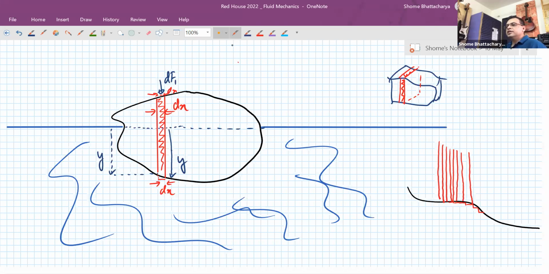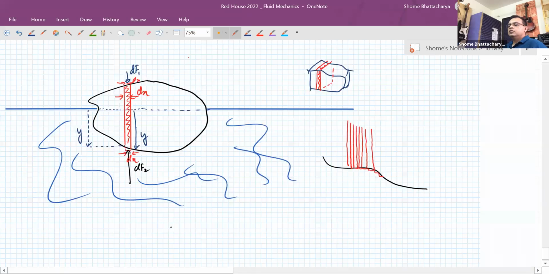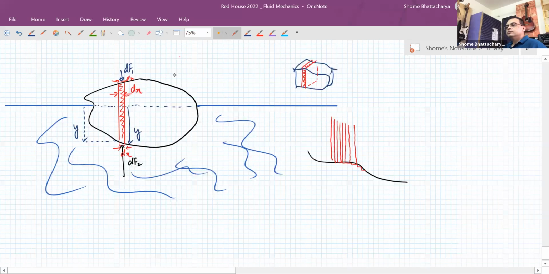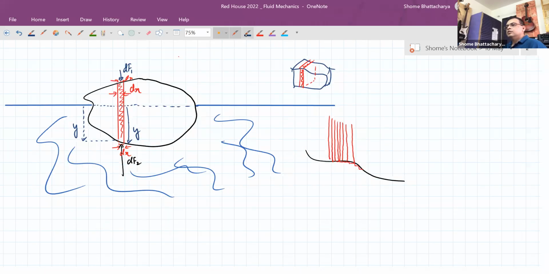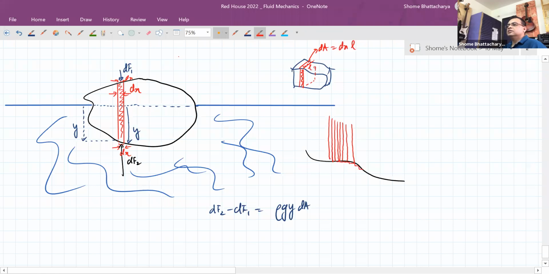If the force acting from this side is df2, then the vector difference of this df1 and df2 is equal to rho g y multiplied by this area, where this area is the area of this section over here. So it is some dx into whatever this length is, like this.